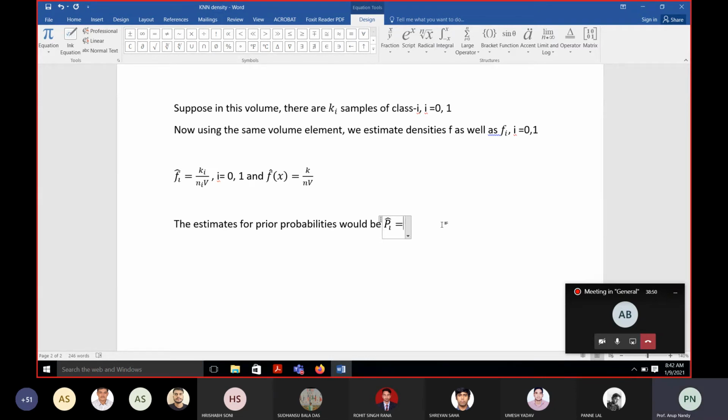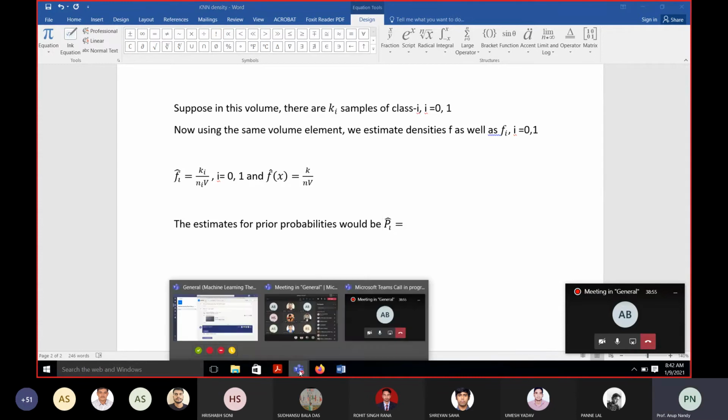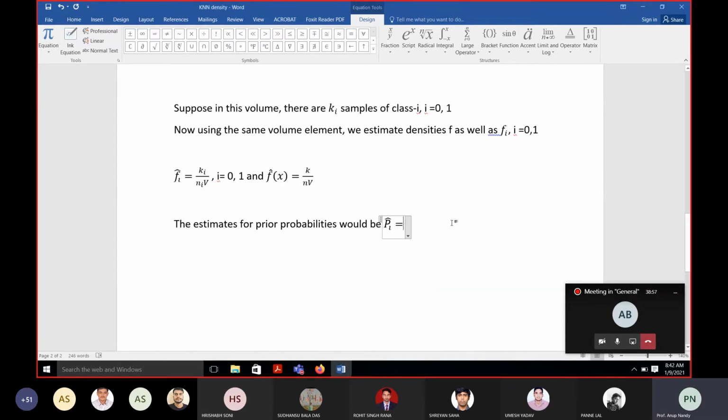Are you getting my voice? Yes, sir. What will be the prior probability values? How do you compute this prior probability? Sir, half for two class problem. Half, I mean in terms of the samples. Sir, in terms of samples.